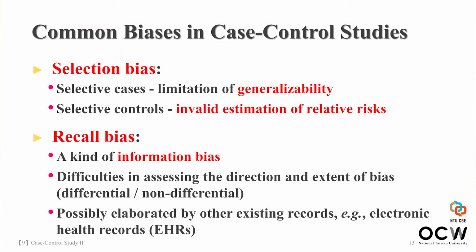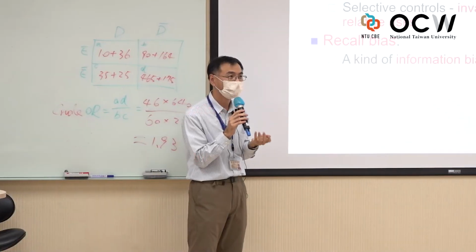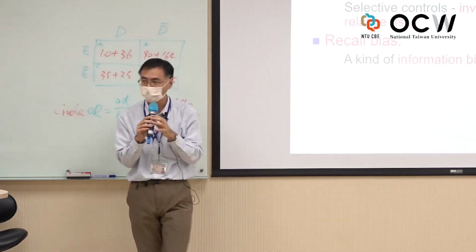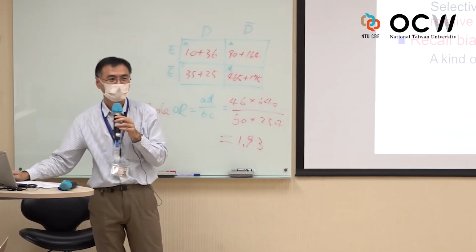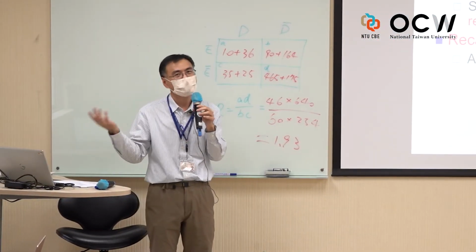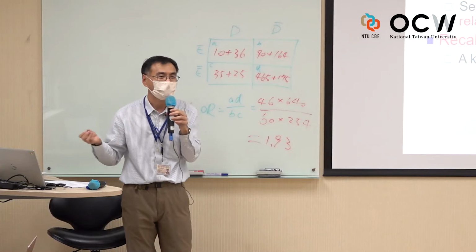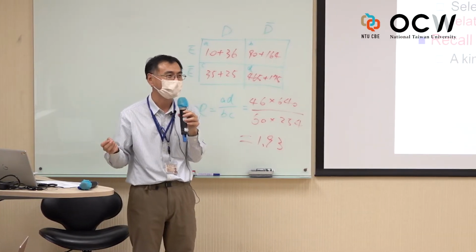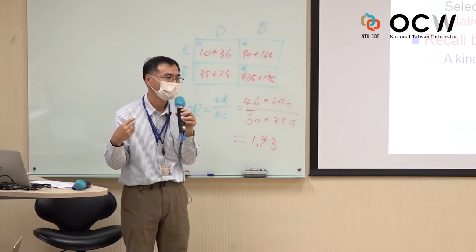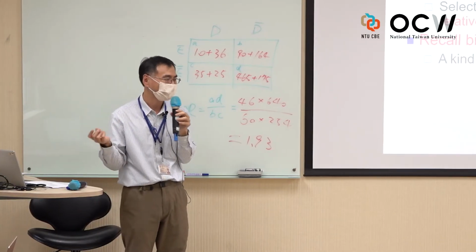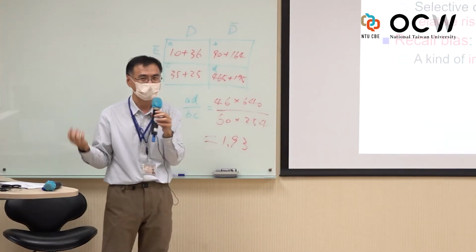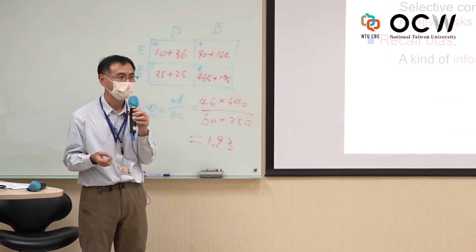And recall bias is the other thing. It's a kind of information bias. It's simply that the information from the case and control might be different because of disease status, which is quite normal and pretty intuitive, right? The ones without disease might ignore or not care about the exposure. But the ones with disease, especially a serious disease, might blame themselves, blame everybody, blame anything, and they might exaggerate exposure, right?